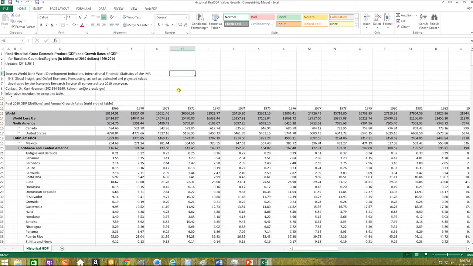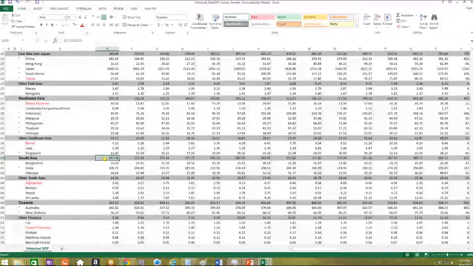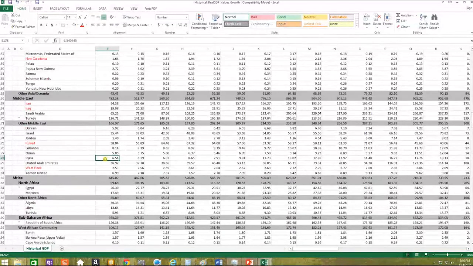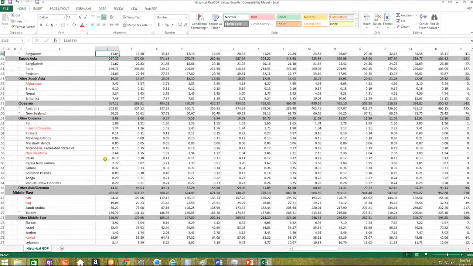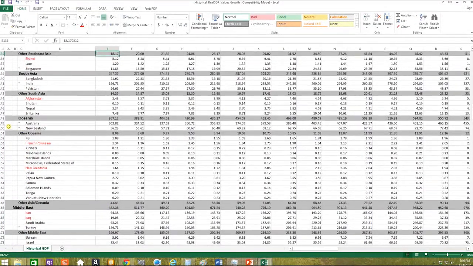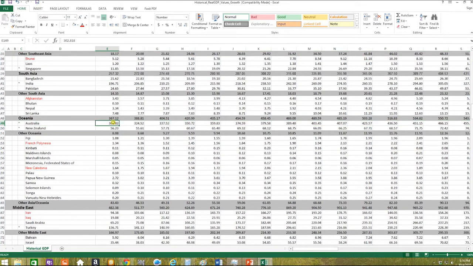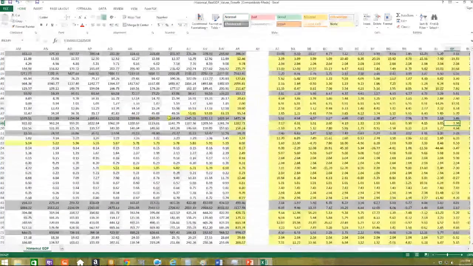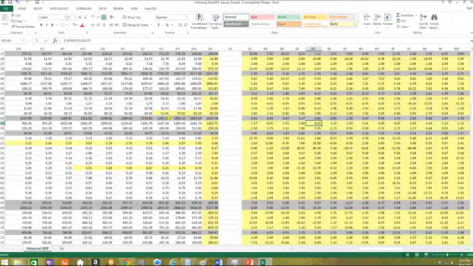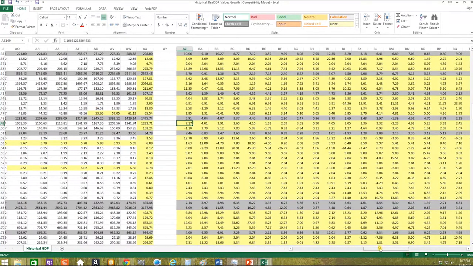Now, what we've downloaded is the values and the growth. So if we scroll down here to Australia on row 149, what we have here is the actual values of GDP on an annual basis, and then we have here the growth rates for each year.